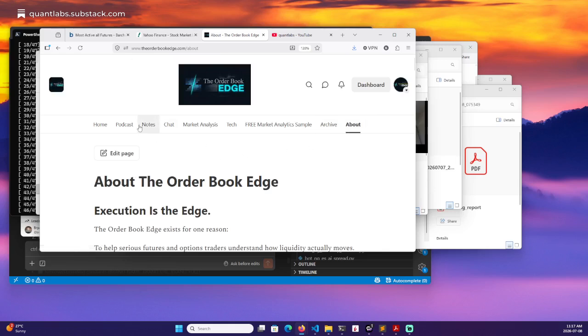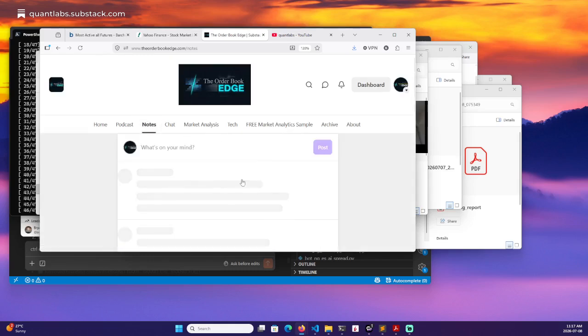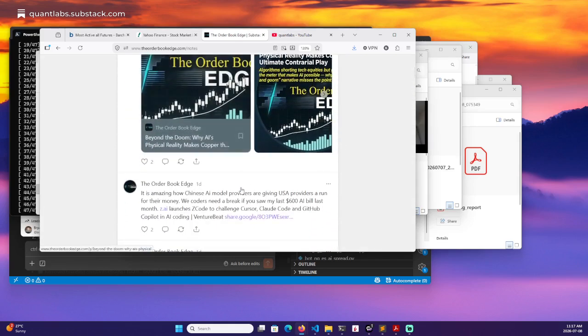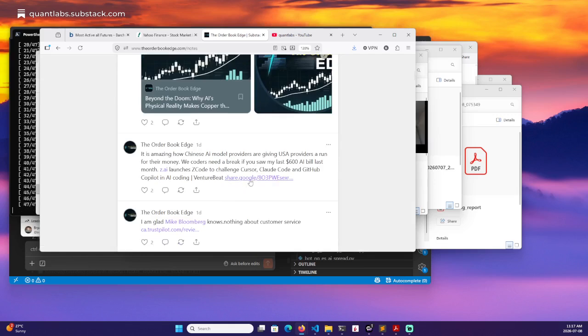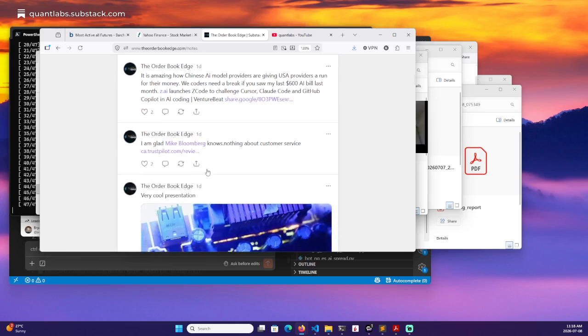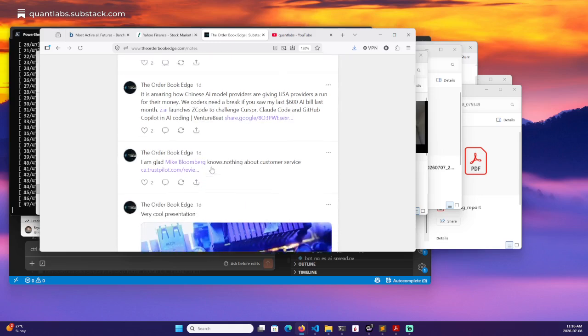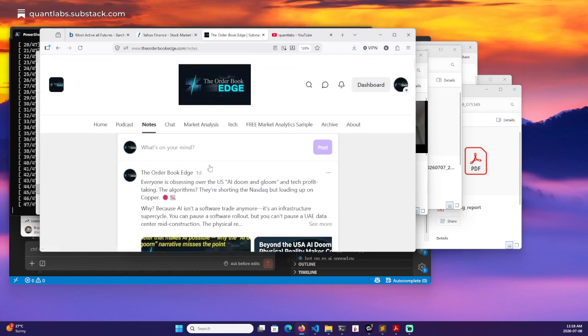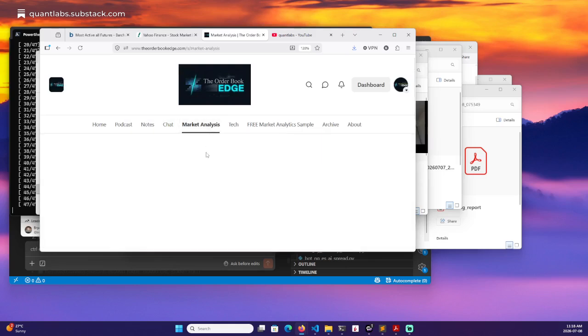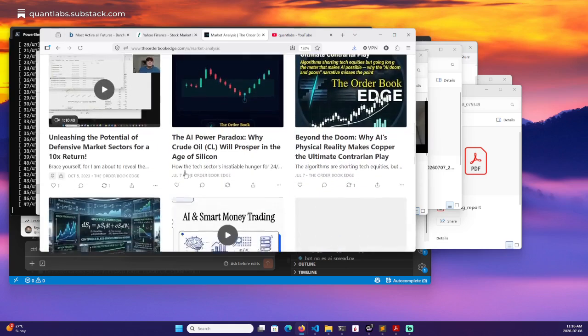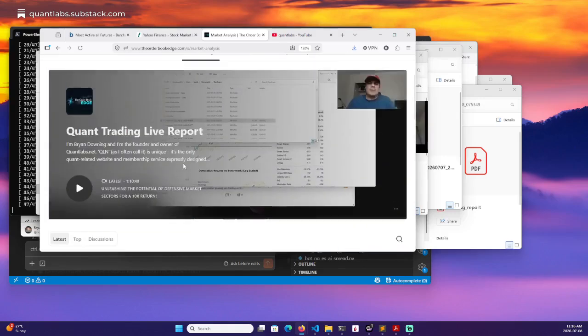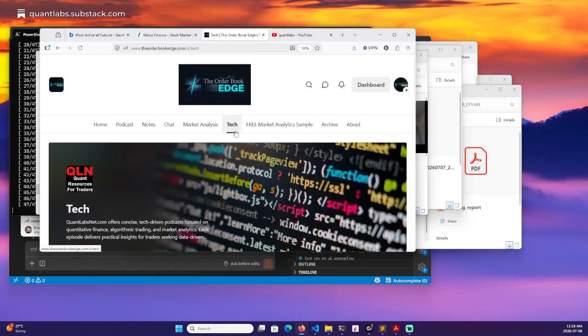If you're familiar with Substack, all my notes go in here. I want to highlight for people that are not used to Substack, I think Substack's booming because it's like an X Twitter tweet sort of thing that Substack brought out. It's very popular. I post my own articles in there as well. I've also got my market analysis, where pretty well everything goes, and also the tech, which is probably the programming.